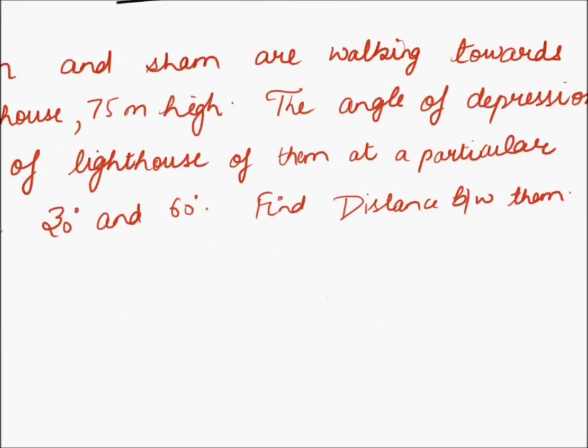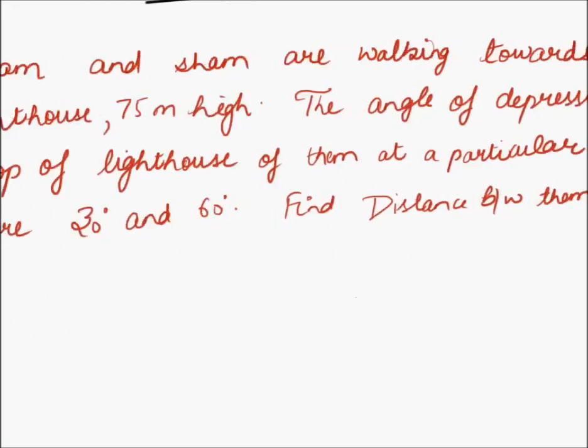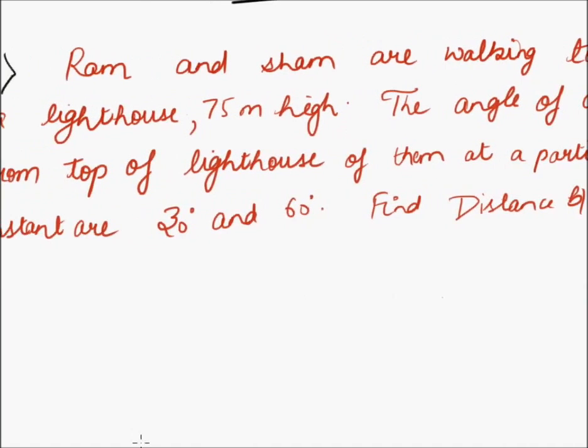The first question says, Ram and Shyam are walking towards a lighthouse which is 75 meters high. So we have a lighthouse 75 meters high, and Ram and Shyam are walking towards this house.